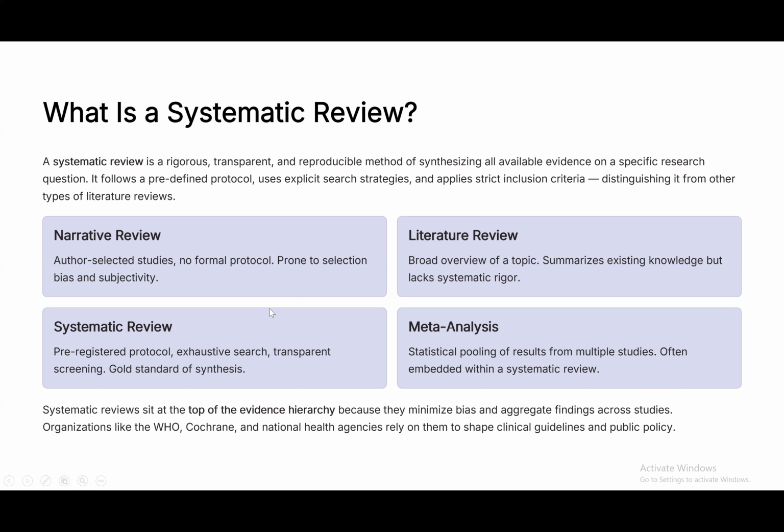Now, a question that I might get asked in this session might be, what is the difference between systematic review and meta-analysis? Of course, I might want to answer that question along the line if I'm asked that. But essentially, for you to do a meta-analysis, you must have systematic review knowledge, because a meta-analysis is born out of a systematic review.